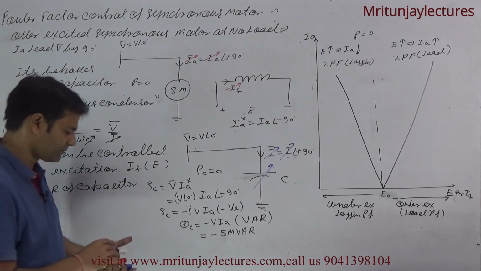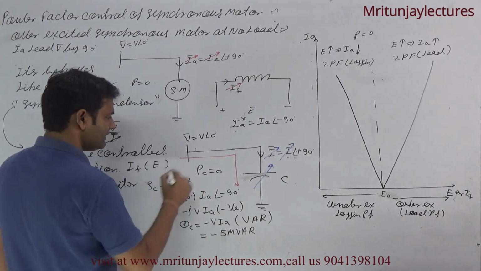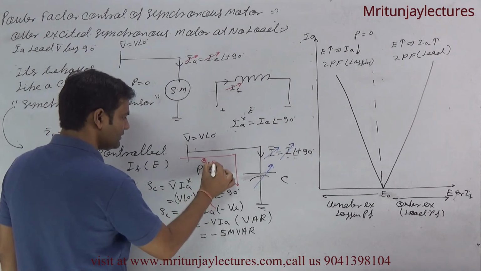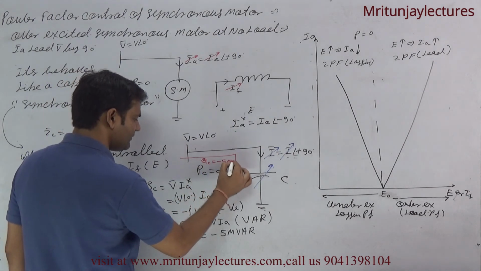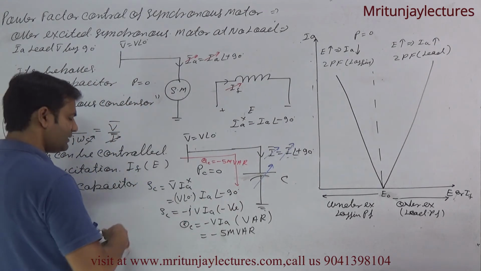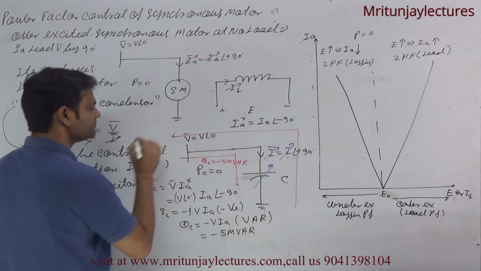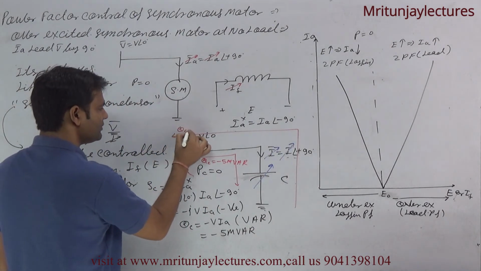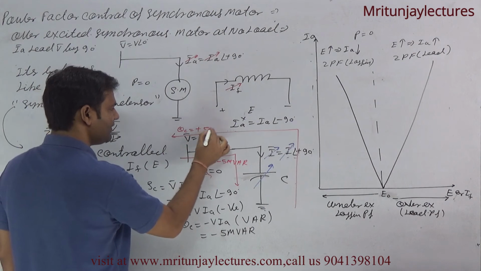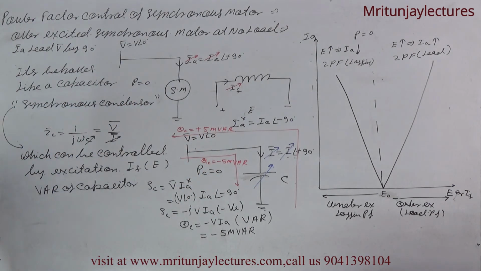The minus sign represents that it behaves as a supplier, meaning QC is written as plus 5 MVAR.